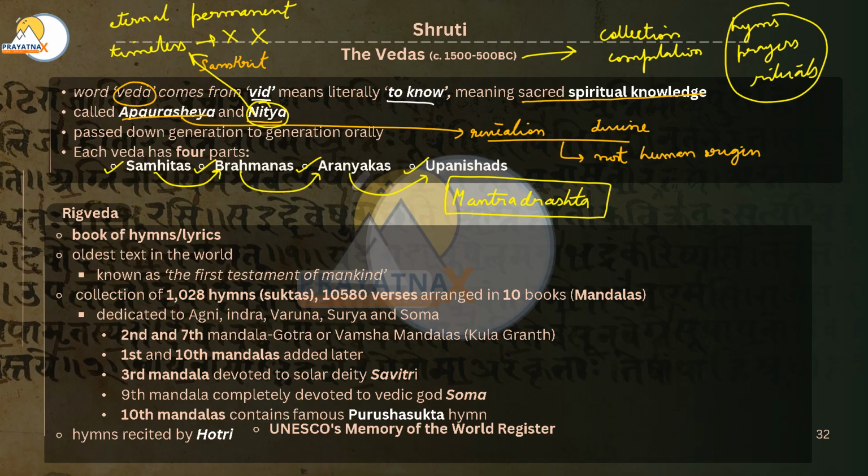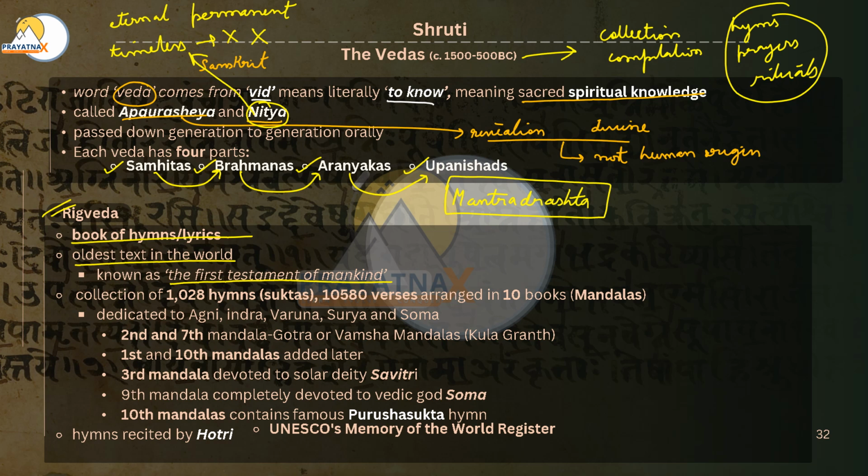Now, if we look at one of the first Vedas, it is Rigveda. It is one of the earliest of the four Vedas. It is nothing but a book of hymns and lyrics. It is one of the oldest texts in the world, which is why it is known as the first testament of mankind.